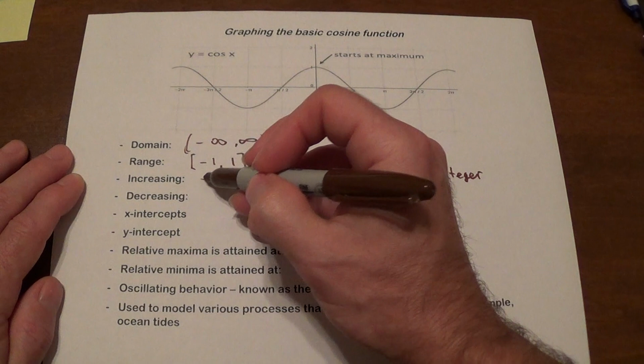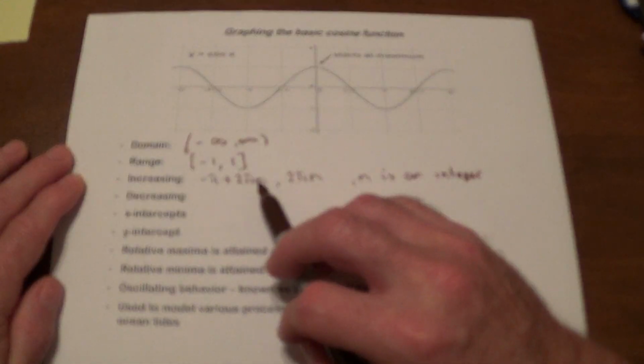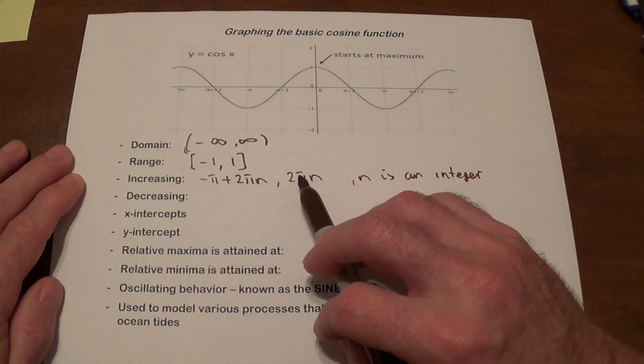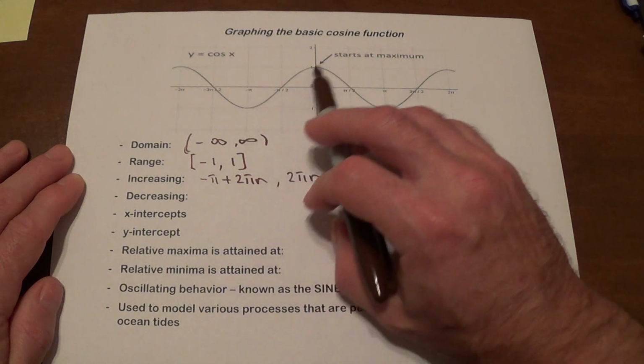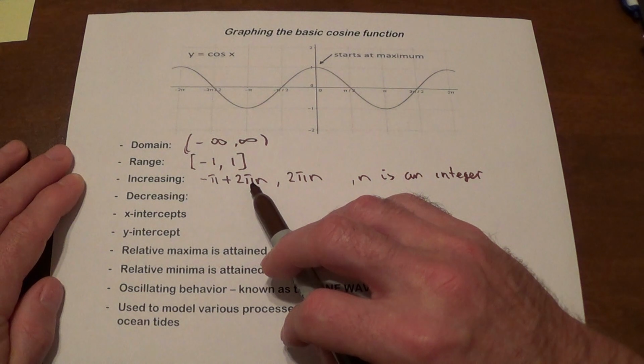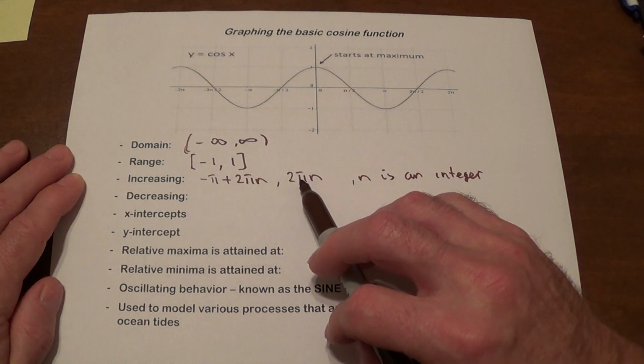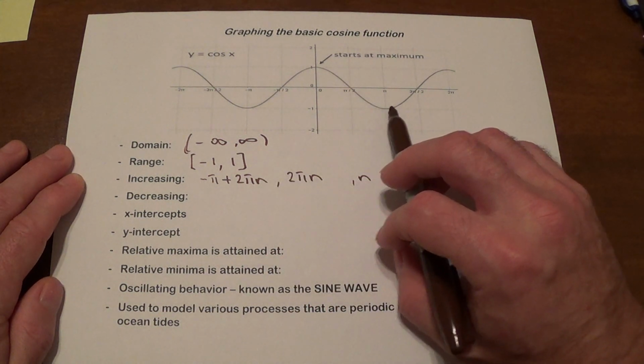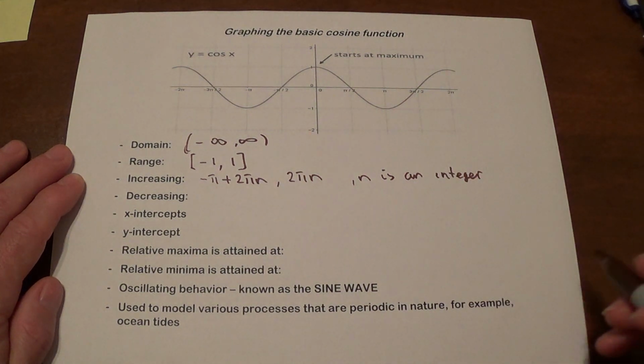Just to clarify, if I make n 0, it's going to be from negative pi to 0. If I make n equals 1, it's going to be negative pi plus 2 pi, which is pi, to 2 pi. So from pi to 2 pi, etc.